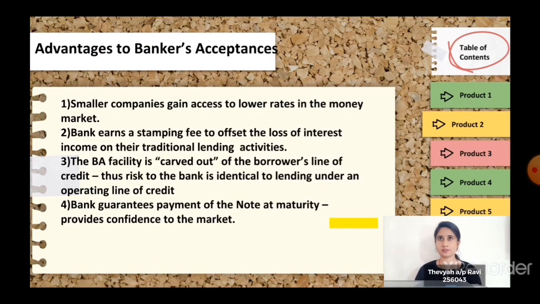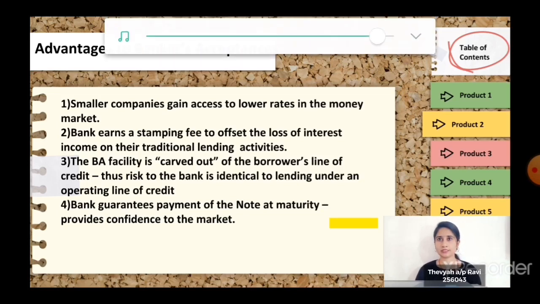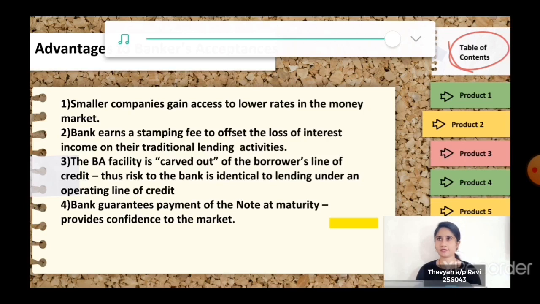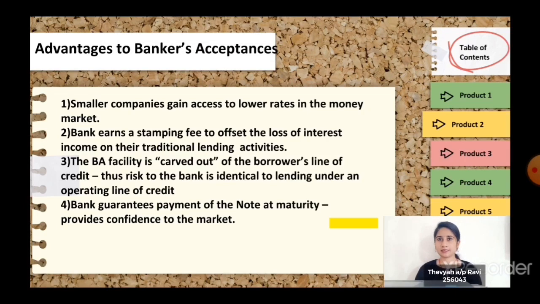These are the advantages of bankers' acceptance. First of all, smaller companies gain access to lower rates in the money market. Second, the bank earns a stamping fee to offset the loss of interest income on their traditional lending activities.